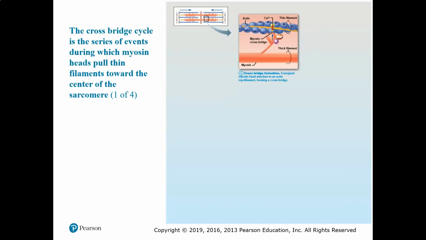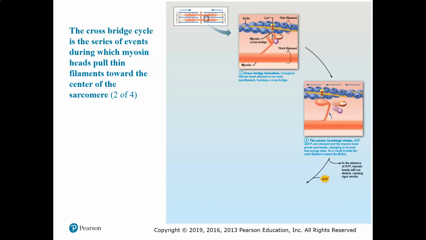All right, again, the events of the cross-bridge cycle. This is showing you myosin attached to actin. So this is the forming of the cross bridge, and that happens because calcium is released from the sarcoplasmic reticulum. It causes the troponin to change shape, and the tropomyosin, which is yellow here, moves out of the way, and the active sites on actin are exposed. You can see them exposed here and here, and the myosin heads will come up and attach to those active sites on actin.